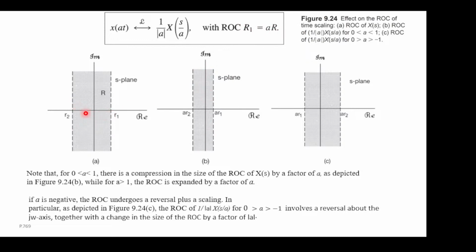So all the boundaries shrink toward the imaginary line. And also, if your a is negative, then on top of shrinking or stretching, you will also get a time reversal, so left and right get flipped around. So that's what I mean by R1 equal to a times R.